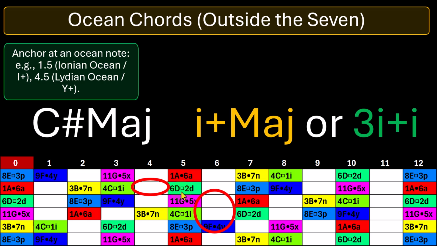Where does the problem happen? The problem happens when I build a chord off of one of the 5 notes outside the collection, what we're calling ocean notes, designated with a 0.5. If I do that, then we could still do it. We just designate it a 1.5 chord note, right? It's a 1.5 absolute nodal numbering system note.